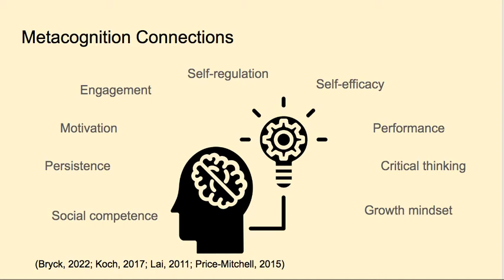And as they persist towards goals, this actually changes their brain chemistry and activates the reward system. As their persistence and engagement improve, obviously their performance, both academically and socially, is going to improve as well as their critical thinking. As their performance improves, their self-efficacy is also going to improve. So self-efficacy means your belief in your own abilities. So as they have better performance in the classroom, we'll see that they have more belief in themselves as well.